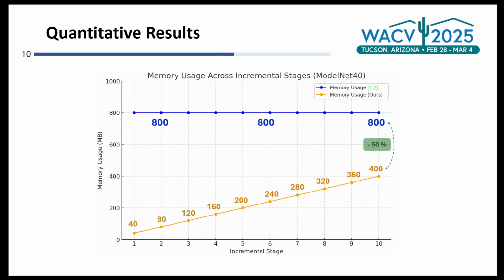This slide shows the memory usage across incremental stages on the ModelNet dataset. And our method uses only 50% of the memory compared to others. This highlights that our model is not only effective in performance, but also highly memory efficient, which makes it a much more practical solution for real-world scenarios.